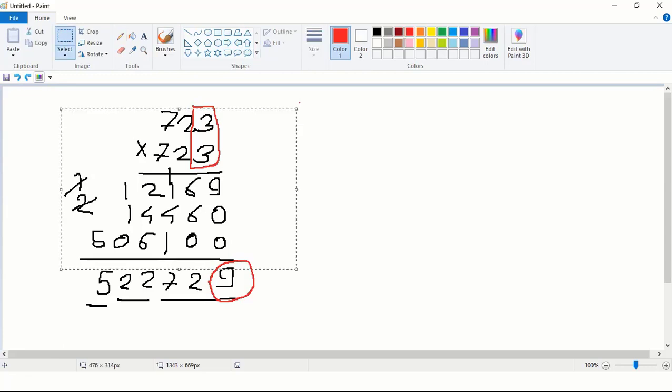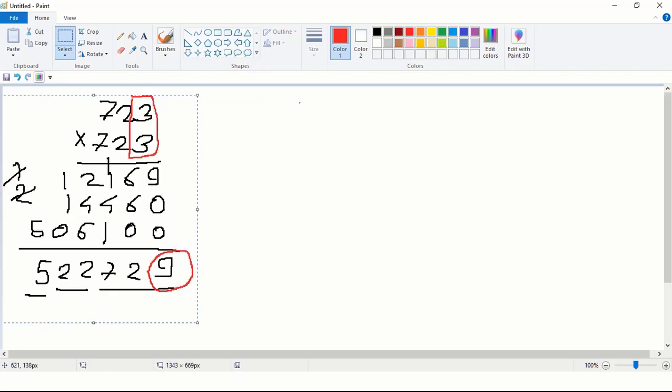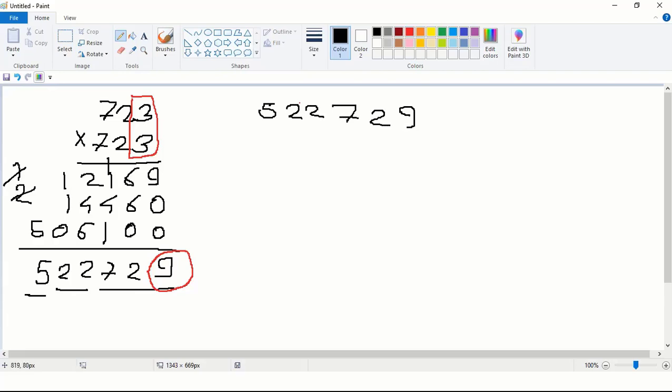Let me adjust the screen for my calculation purpose. Now I will take 5,22,729 multiplied with 723. So here is the calculation.